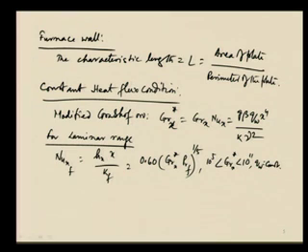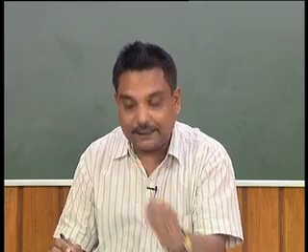One important thing is that the modified Grashof number range is 10 to the 5 to 10 to the 11, and we have said that it is in the laminar region. Then what is the condition for switching over from laminar to turbulent?